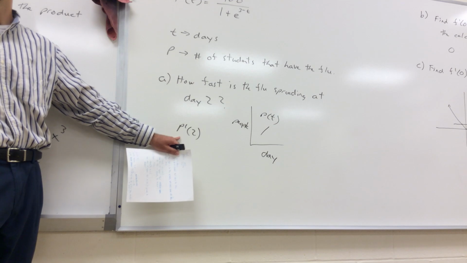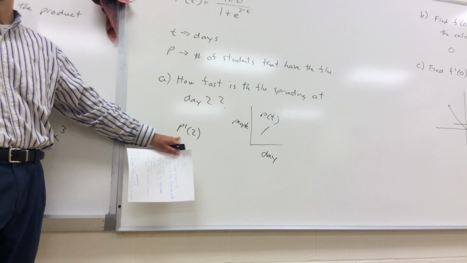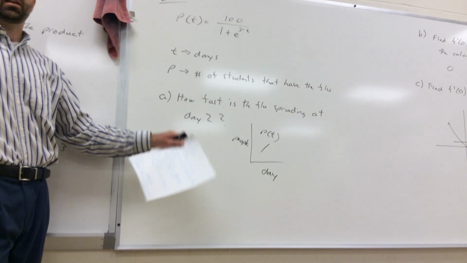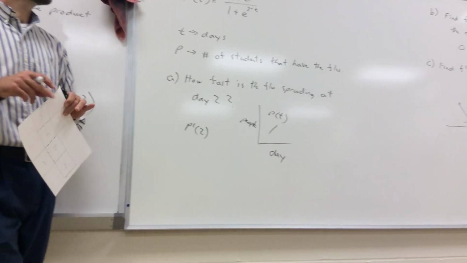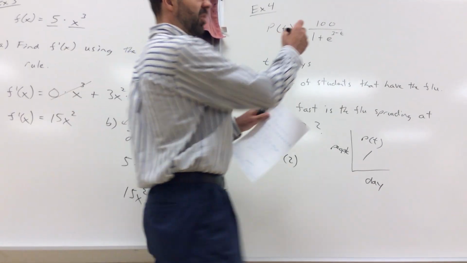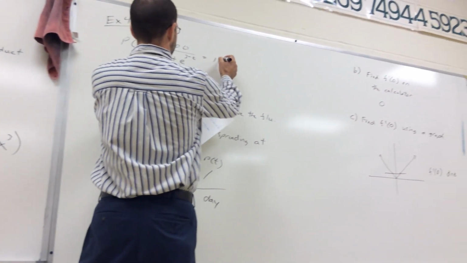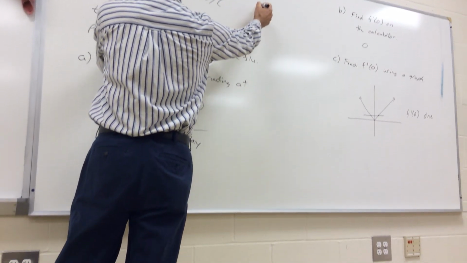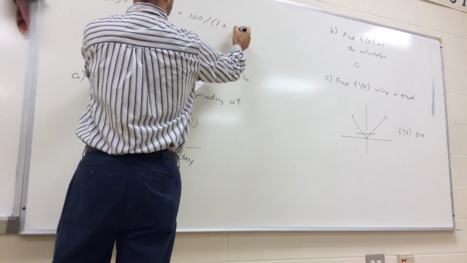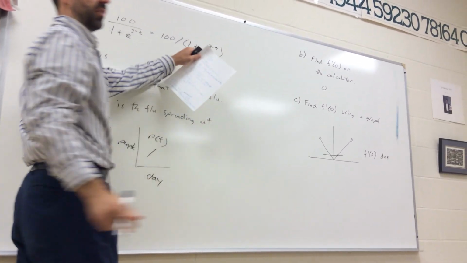Math 8. Plug in that function and 2, right? Now when you plug in this function, you have to be a little bit careful. Make sure you divide by all of this, right? Don't just divide by 1.